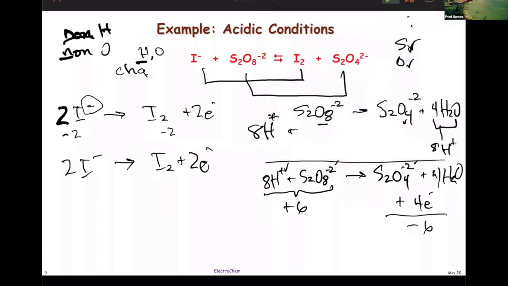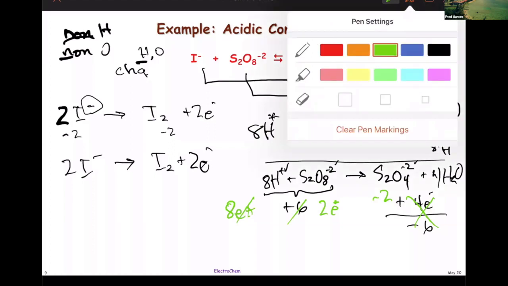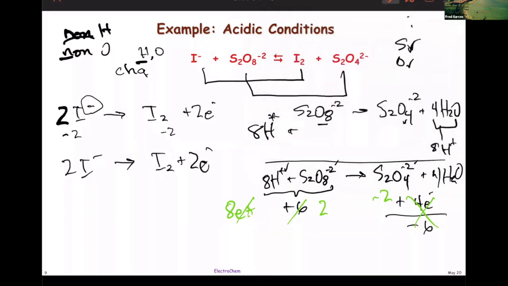Okay, don't do that. What you need to do is, this side is negative 2. You need to get both sides as positive 6 or both sides as negative 2, but you can only balance it by electrons. So you need to add 8 electrons on this side. By adding 8 electrons here, you get 2 negative on both sides, and that would be equal and opposite.